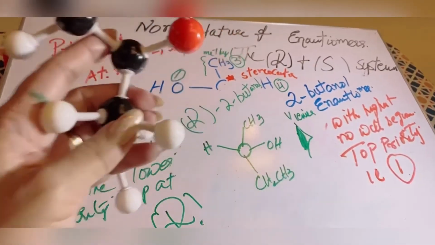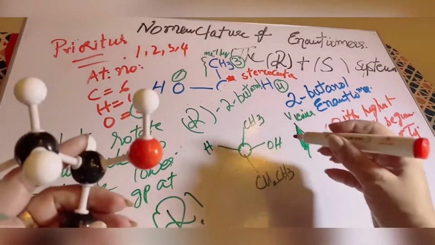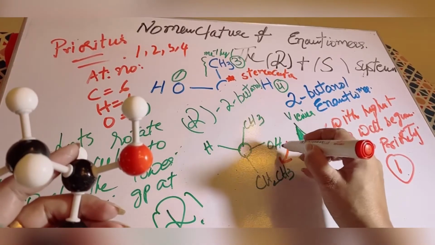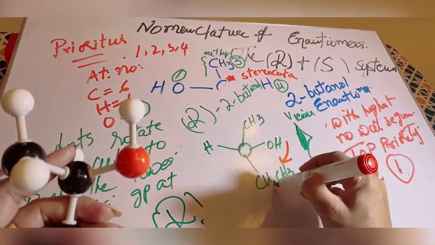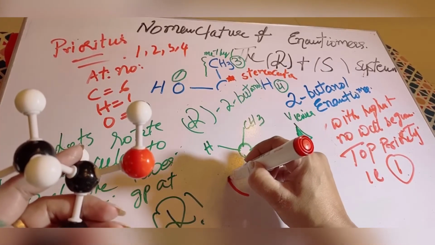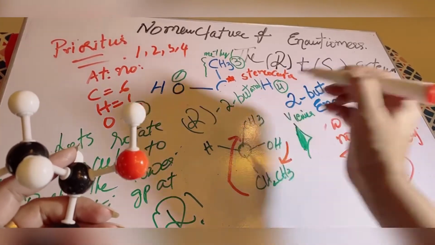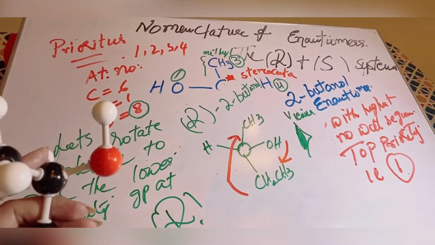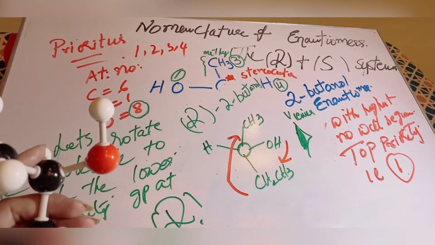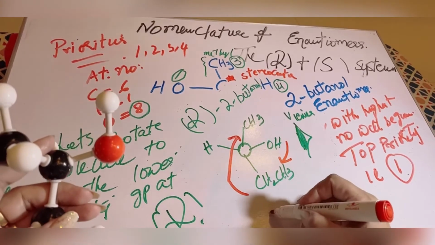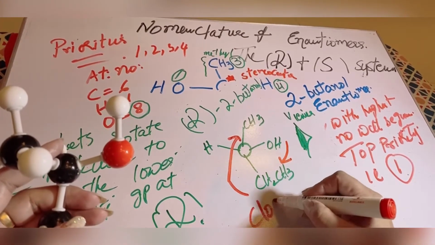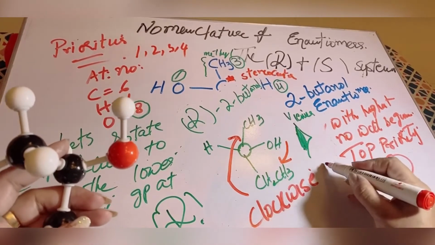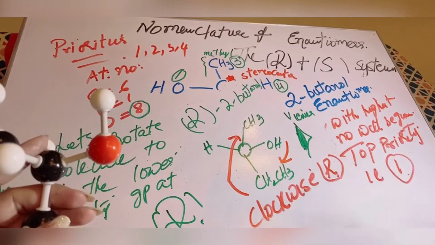Now according to our statement, the direction of arrows would be like this, that is number 1, number 2 and then of course number 3, right? It's simple, and this is clockwise, and will be designated as R because it is clockwise.